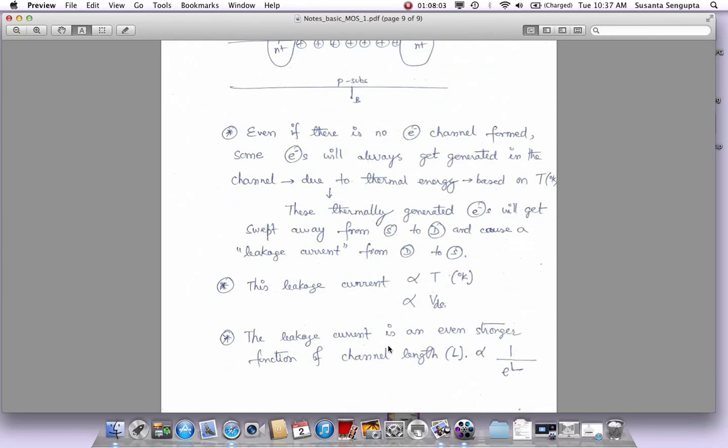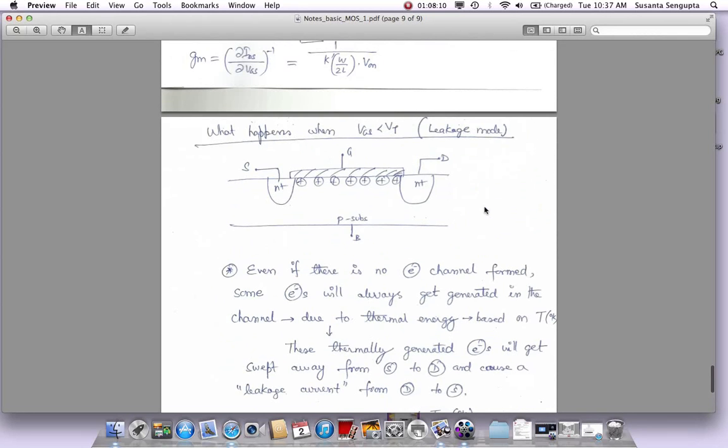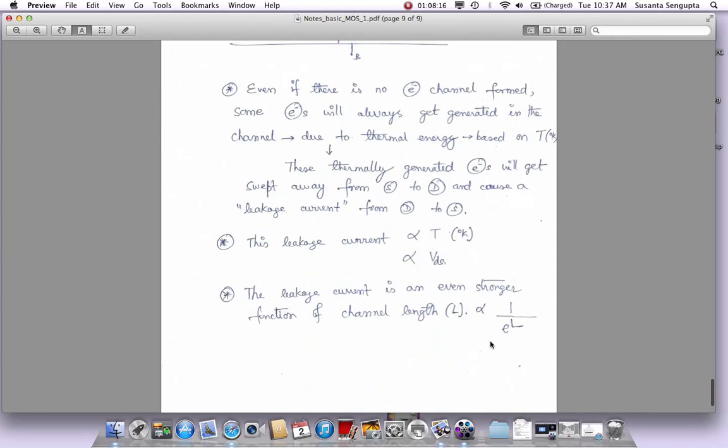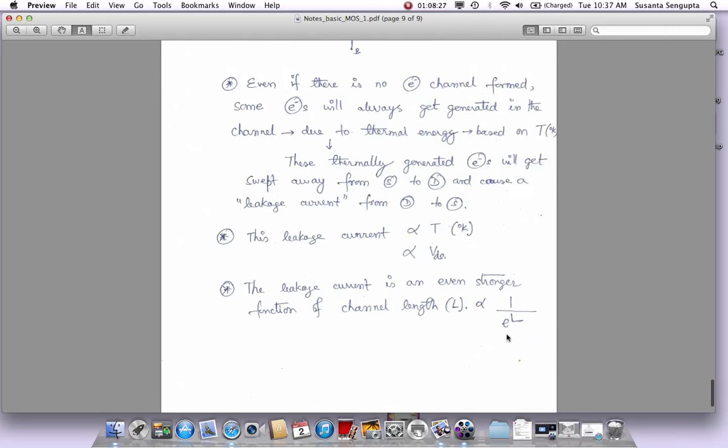And as I already mentioned, the biggest killer in today's technology is the length. As the lengths are scaling down, VDS comes more and more to the aid of this jumping, and this goes almost exponentially. As the channel length scales down, your leakage increases almost exponentially, and it becomes huge with smaller and smaller channel lengths.